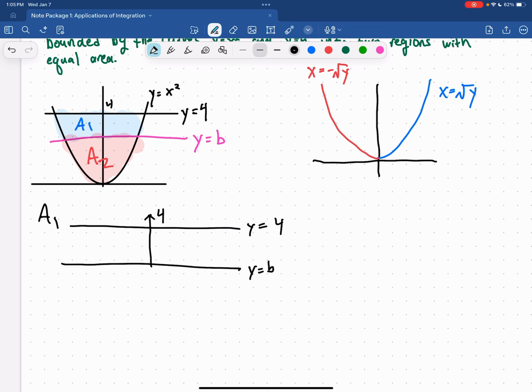So here, if we look at this area A1 like an area between curves in terms of x, we see that we actually have three areas because we've got the part where it's 4 minus the parabola. Then we've got this middle part where it's just a rectangle between 4 and b. And then we'd have a third part where it's 4 minus the other part of the parabola.